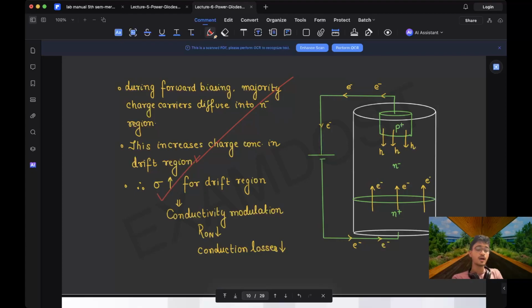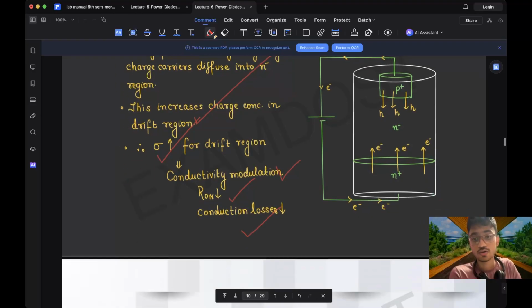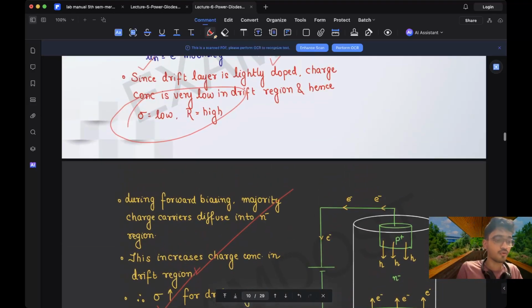Why would sigma be high? Sigma is directly proportional to concentration, and for the drift layer this is called conductivity modulation. R will be less, conduction loss would be less. This is all the conductivity modulation. So what is happening?